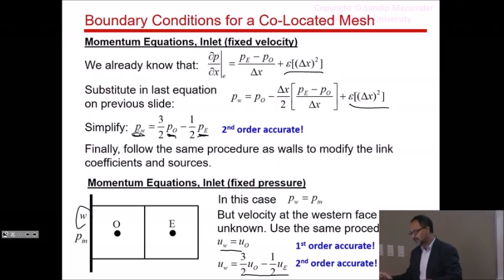In a way, this is like momentum conservation driving mass conservation. See, if you're giving inlet velocity, then that means you're fixing the mass flow rate through that pipe, right? You're saying, I want 5 kgs per second. Tell me how much pressure drop I should have to get that mass flow rate. That's what you're asking the CFD code. That's why your inlet pressure is an unknown. It's being calculated.